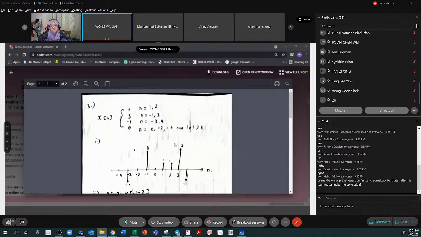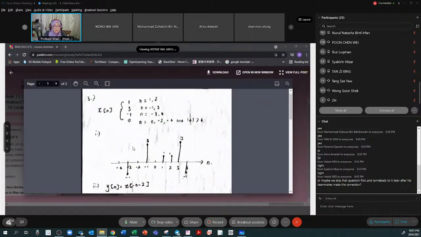Okay, so we try to explain. We see and check if it's correct. So can you start? Explain for question 3.1. So n is for the x-axis. So the 1, 3 and -1, 0 is for the amplitude. So at n equals 1 and 2, the amplitude is 1.